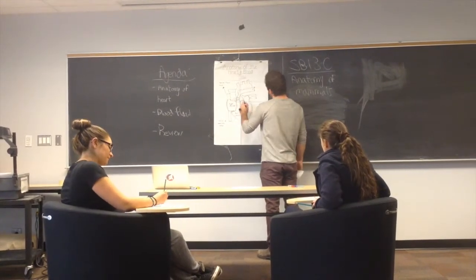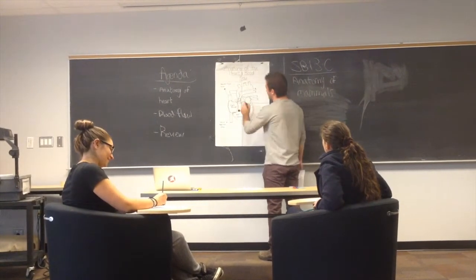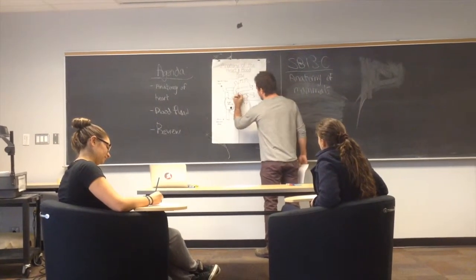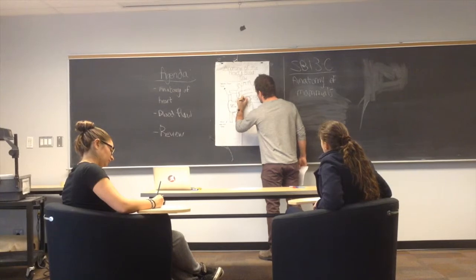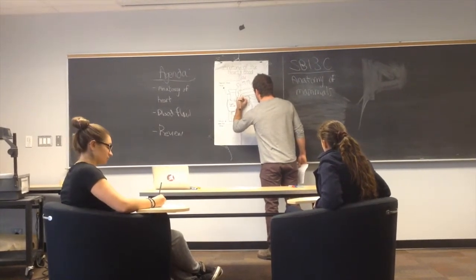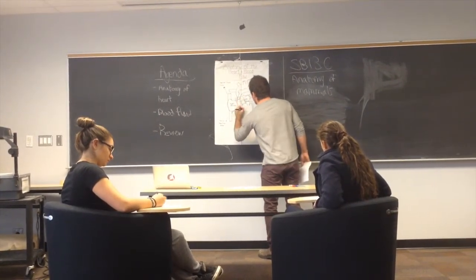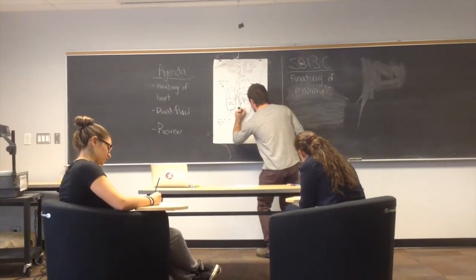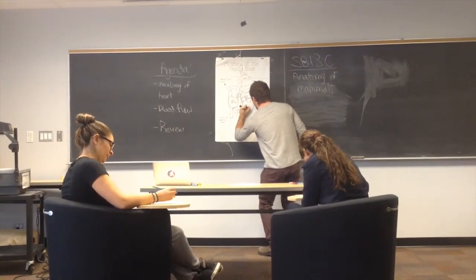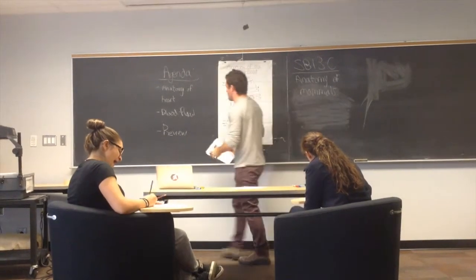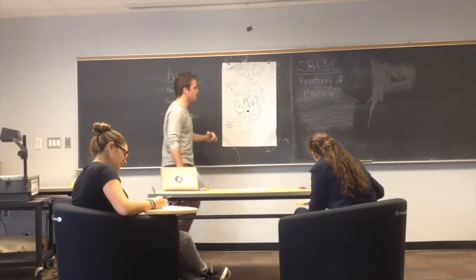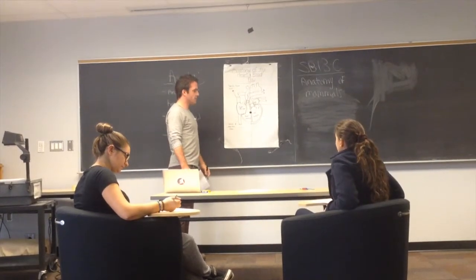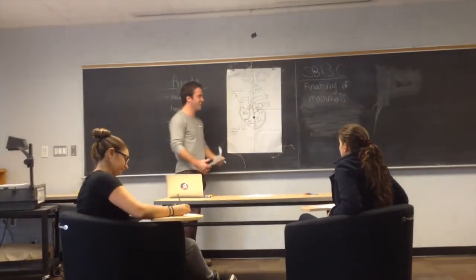And then on the opposite side, the left side of the heart, is the left atrium and the left ventricle. So we've got the four chambers of the heart, and that's what's unique about the mammal heart, its four chambers. So, are we mammals? We are mammals.